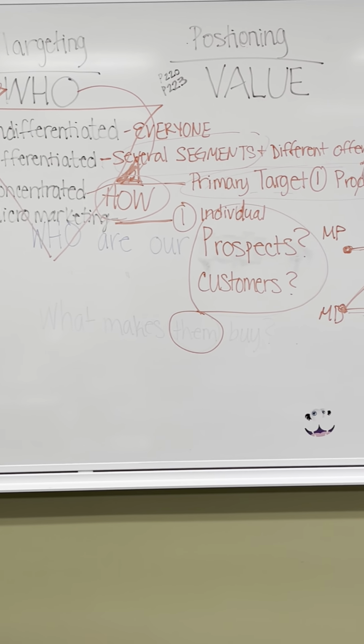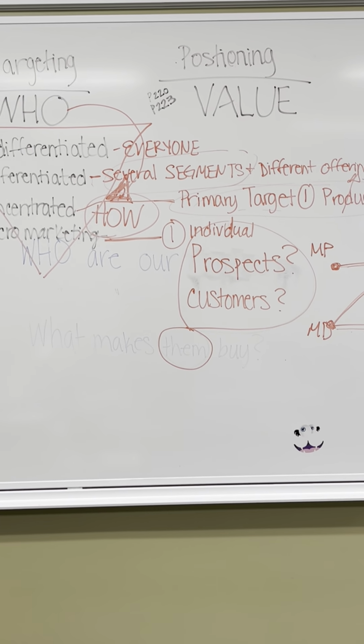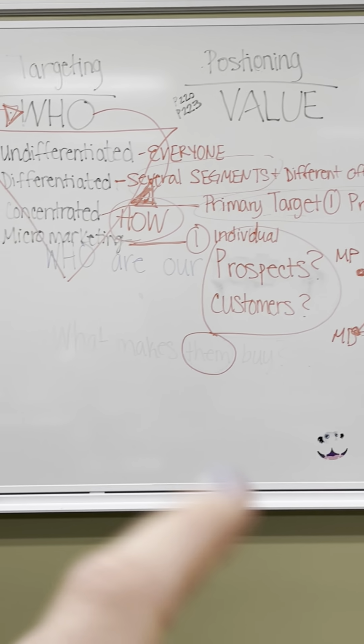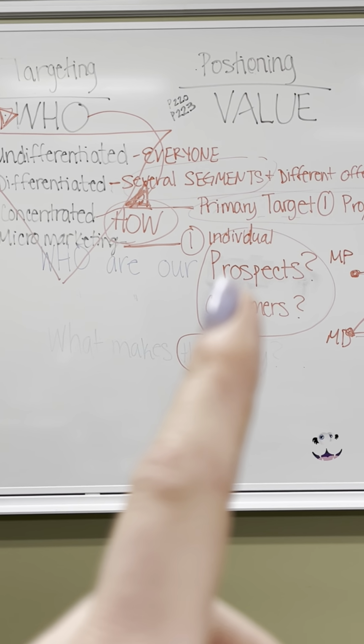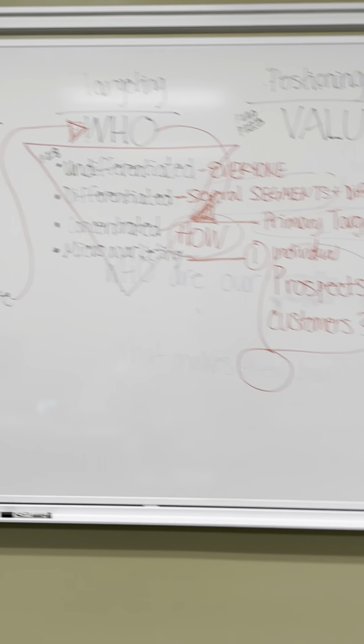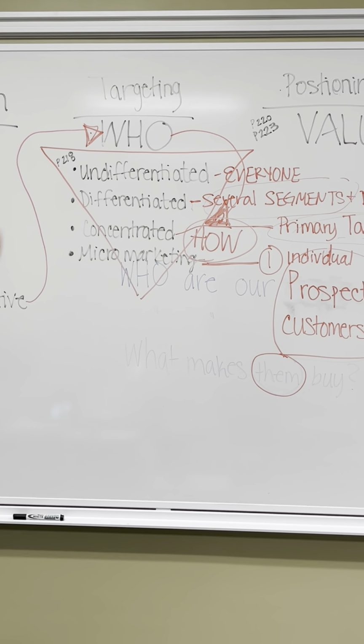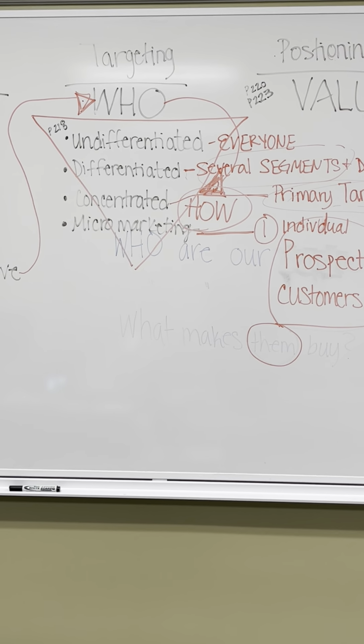With concentrated, it's primary target, so 1 target group, 1 segment, and then 1 product. And then micro marketing is an individual. I drew the triangle to show that it goes downward, starting from targeting everyone and getting smaller and smaller.